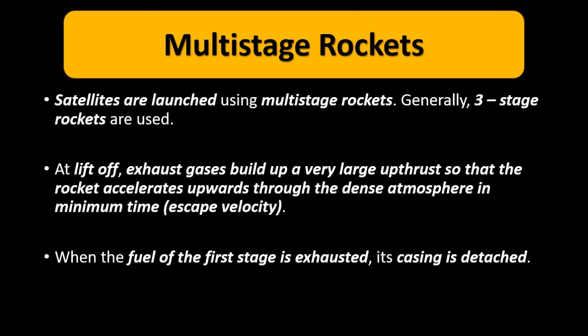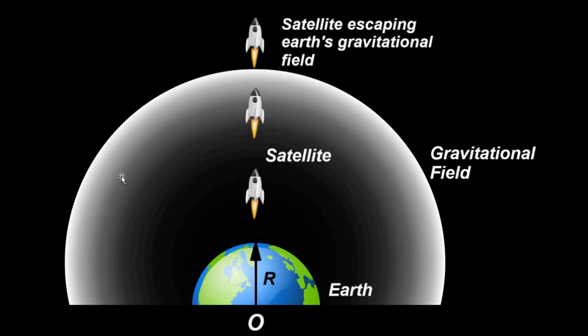So what happens is that at the liftoff, the exhaust gases build up a large upthrust, so that the rocket accelerates upwards through the dense atmosphere in the minimum possible time. It gives the rocket the escape velocity. Once the escape velocity is imparted, the rocket escapes Earth's gravitational field.